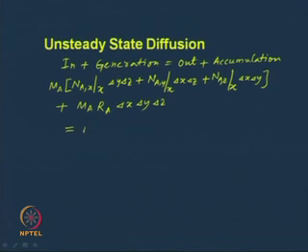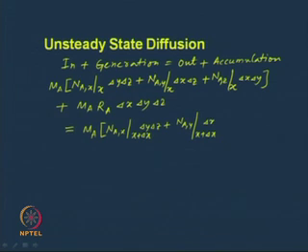will be M A into N A x at x plus delta x delta y delta z plus N A y at x plus delta x delta z plus N A z at x plus delta x delta y.